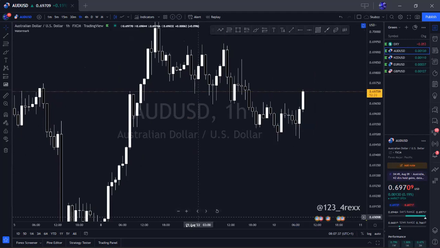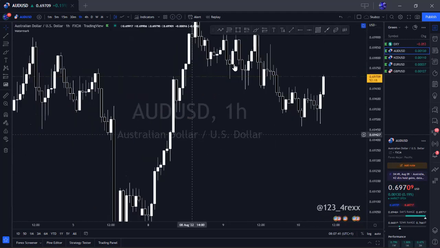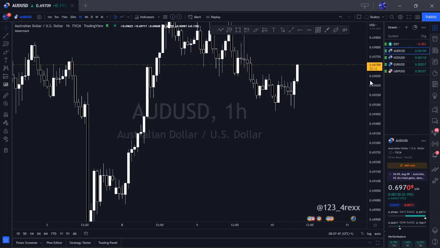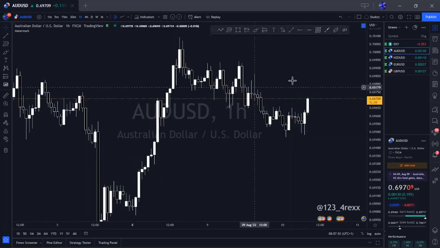So we're still on this whole breakdown here. This whole movement to the downside can be seen as a complex correction. It's that whole slow correction move to the downside, with small lower lows and lower highs. Let me see where this price is reacting.